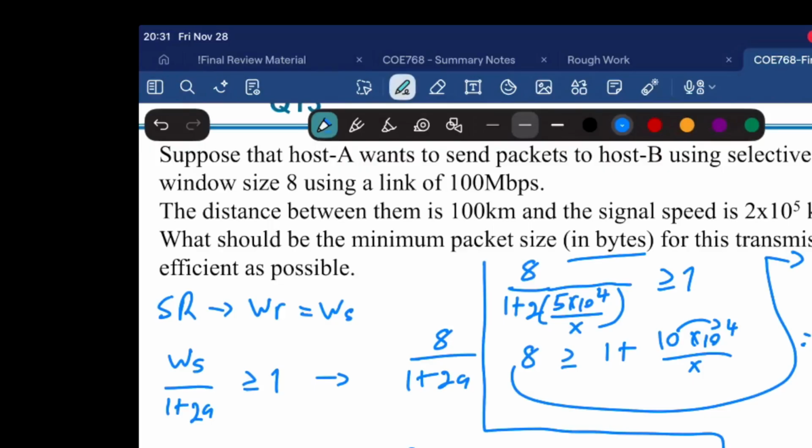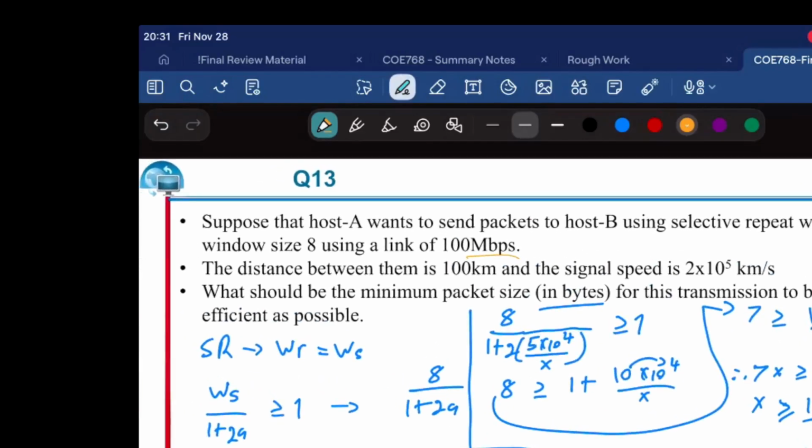This is meters, this is meters per second. X is going to be whatever the unit at the bottom is. The unit for the bottom here is megabits per second, so bits per second is the unit for X. Therefore, since this is bits, this has to be bits to be able to cancel everything out.